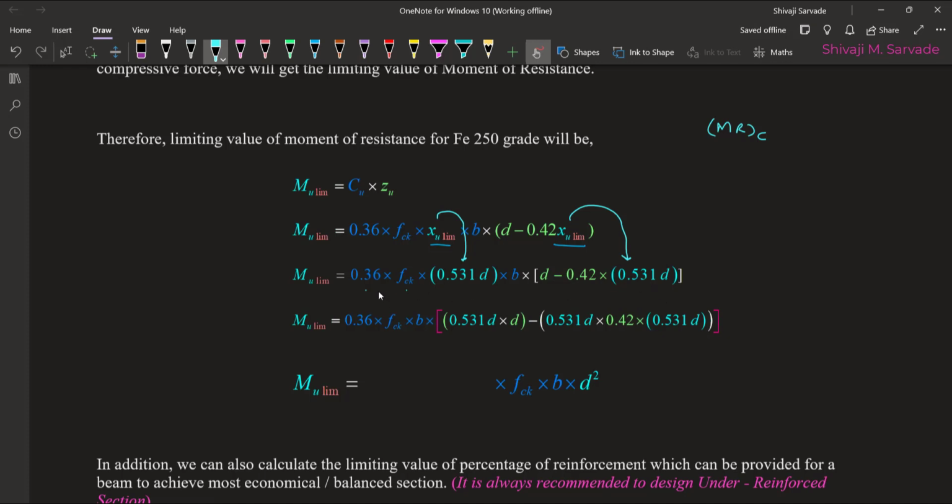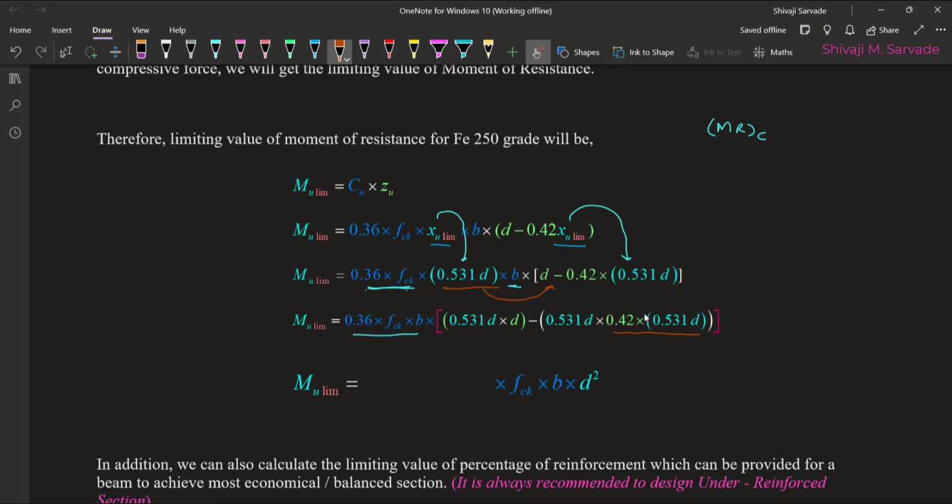Now if you take 0.36 FCK and B outside, then we can do the simplification. So I have taken 0.36 FCK and B here, and this 0.531D needs to multiply to this bracket. So this becomes 0.531D into D, as well as 0.531D into 0.42 into XU limiting, that is nothing but 0.531D.